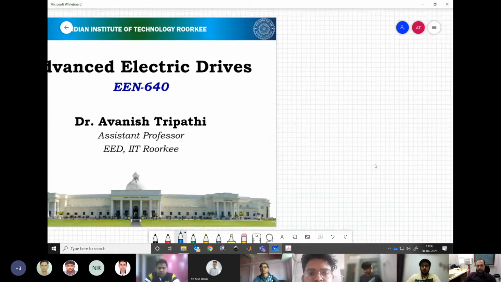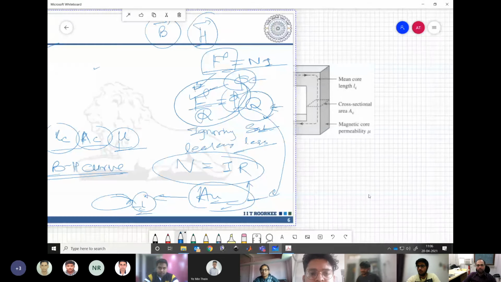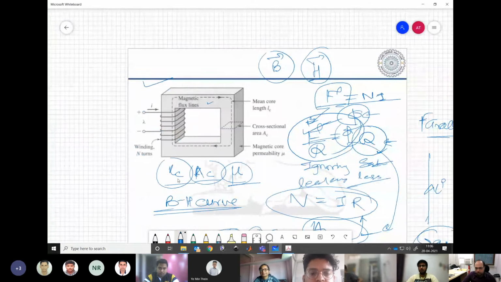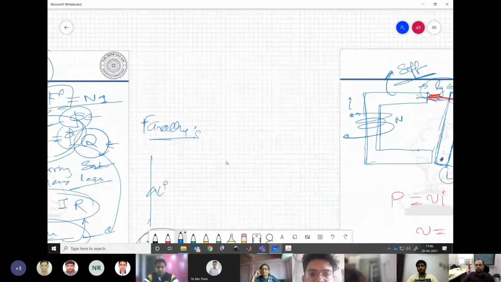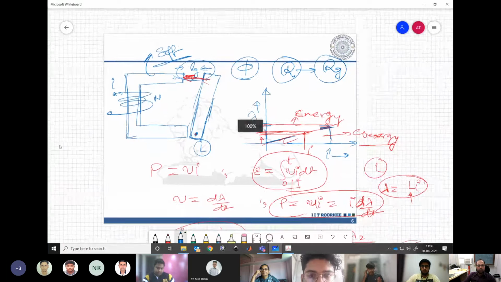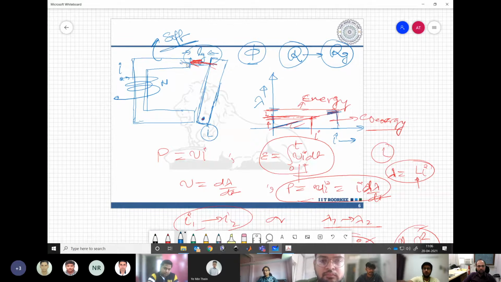So what we were discussing last time, some reluctance motor kind of thing, right? Yes, sir. Switch reluctance. Okay. So this is the structure which we started with, and what we figured out is that if we allow this plunger to move in this C core electromagnet, it will go and connect or hit the C core over here.